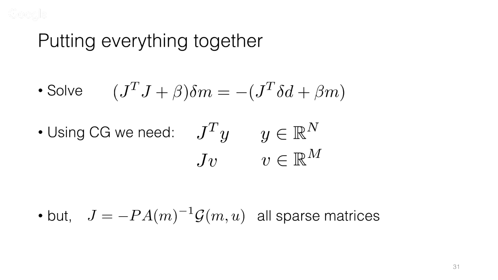That means we need to be able to compute J times the vector, and J transpose onto the vector. So those are the operations that we need to do. Remember, J was just like this, and all these matrices are sparse. So that means we can do this. We're going to use a conjugate gradient solution, which is going to involve multiplying sensitivities on the vector, but we've got this representation for the sensitivities. That allows us to solve the problem.